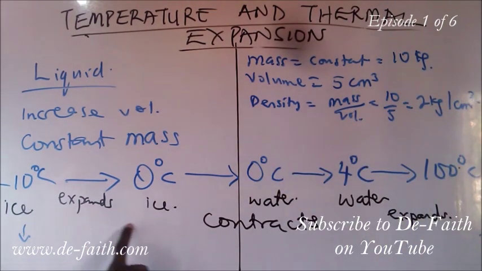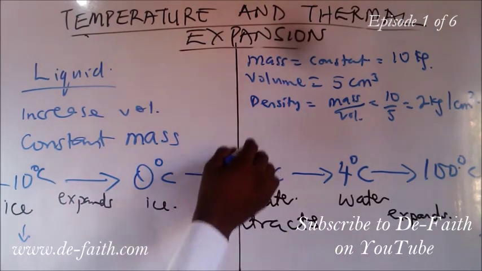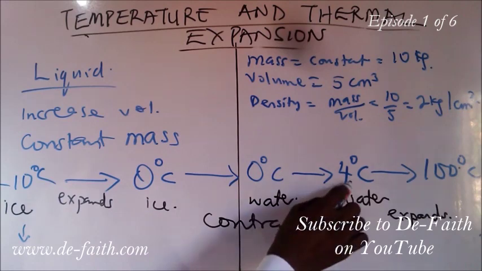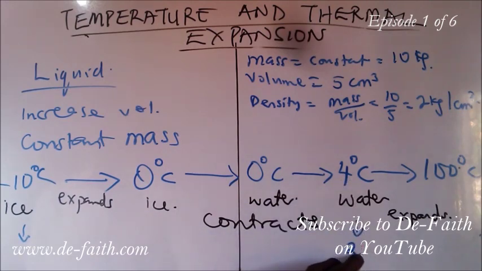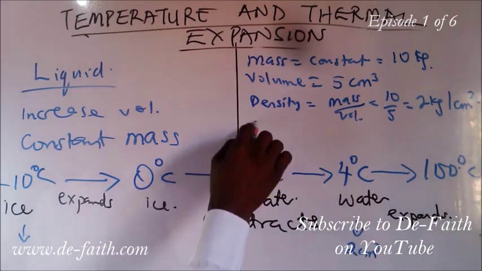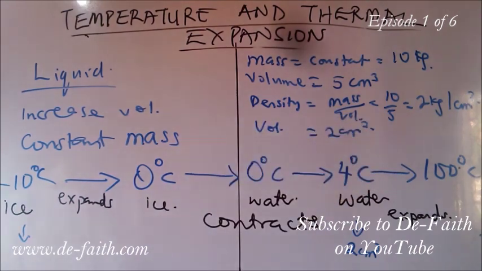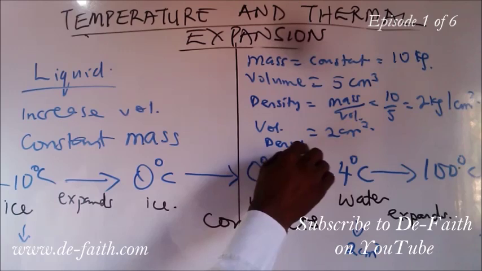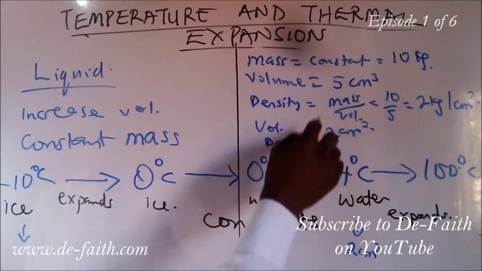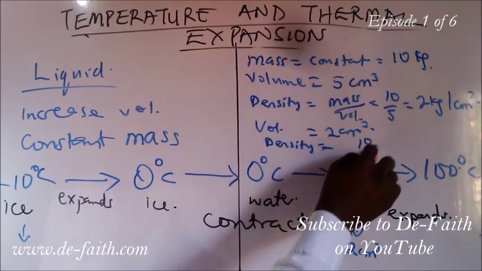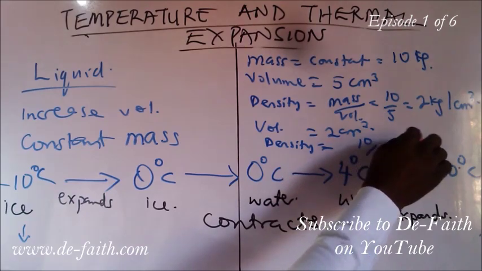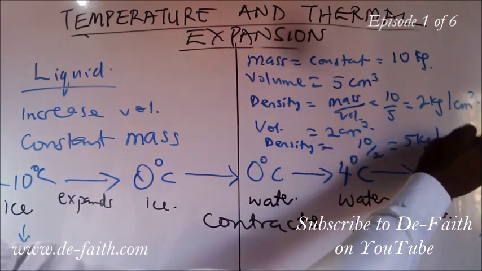But as we proceed here, since it contracts, that means the volume will reduce. Let's say that the volume reduced to 2 cm cubed. So we have a new volume of 2 cm cubed, meaning there will be a change in the density. Since the mass remains the same, that's 10 over 2, we'll have 5 kilogram per cm cubed.